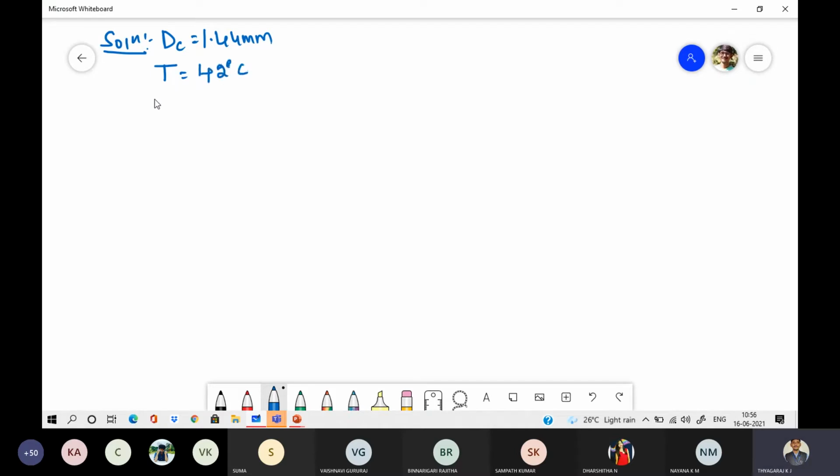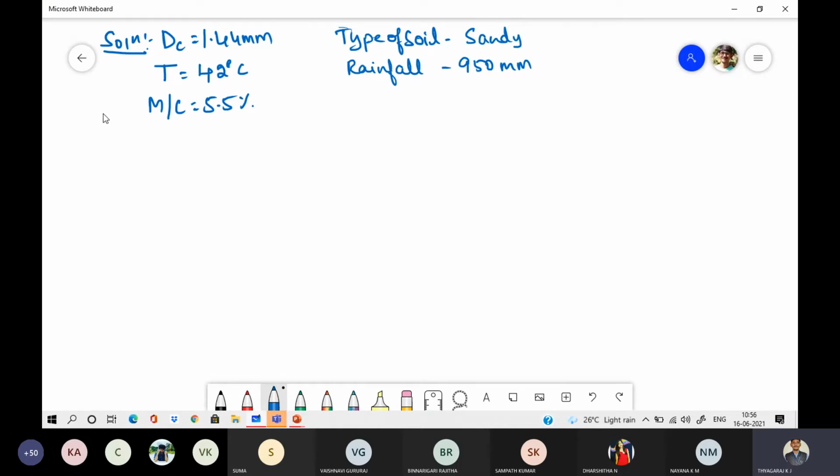What is the moisture content? 5.5%. What is the type of soil? Sandy soil. Then annual rainfall? 950 mm. So I'll directly go for temperature correction.